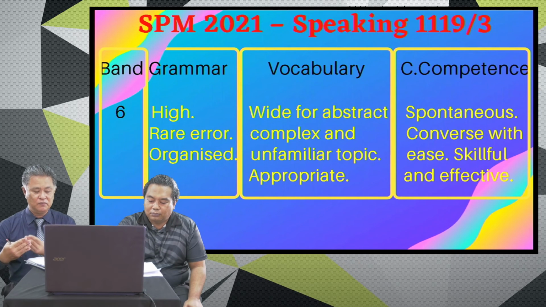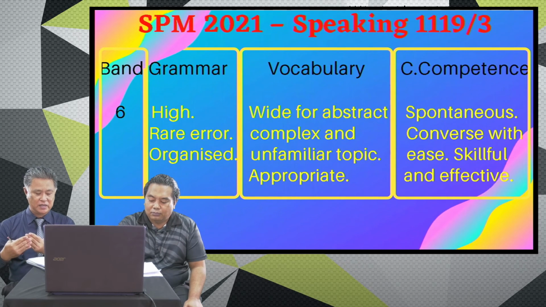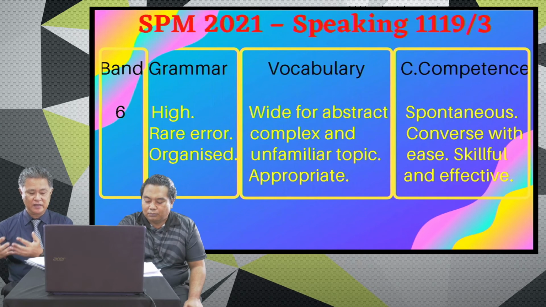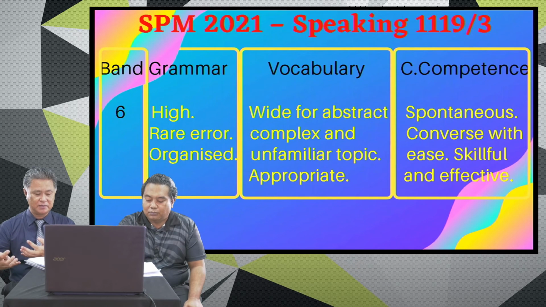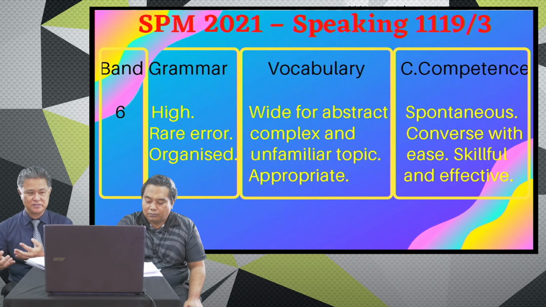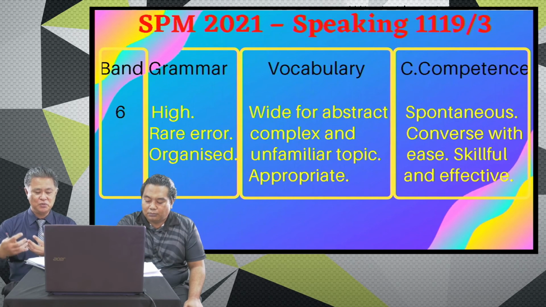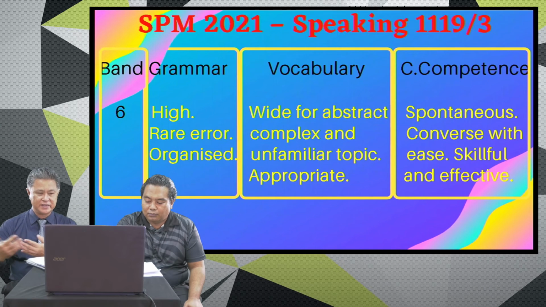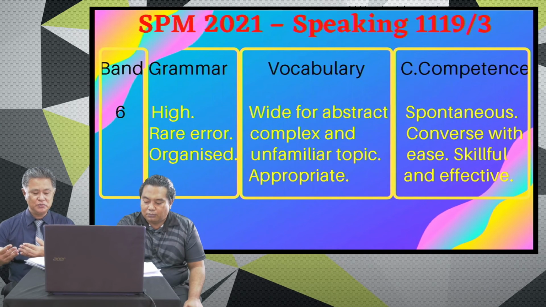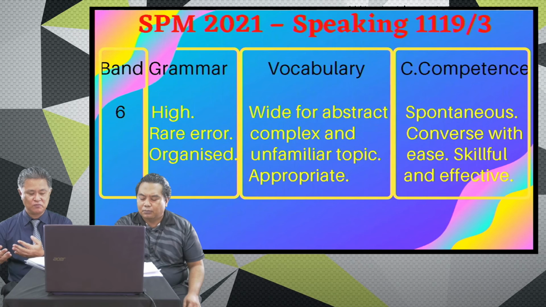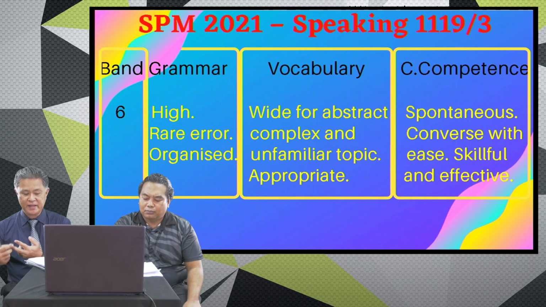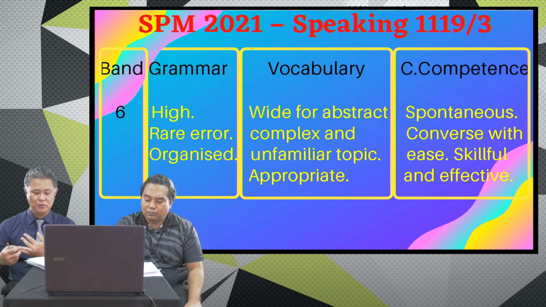Band 6 grammar is for students who produce very high levels of organized grammar with rare errors, and they use wide and appropriate vocabulary for abstract, complex, and unfamiliar topics.